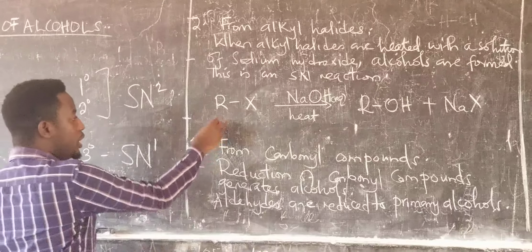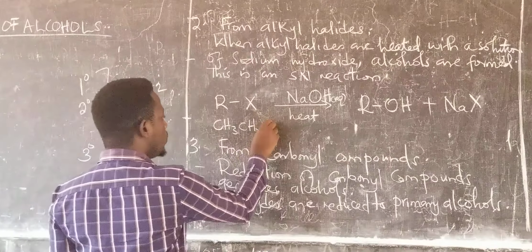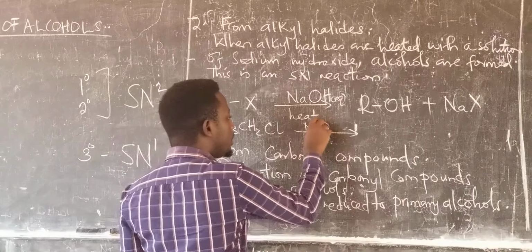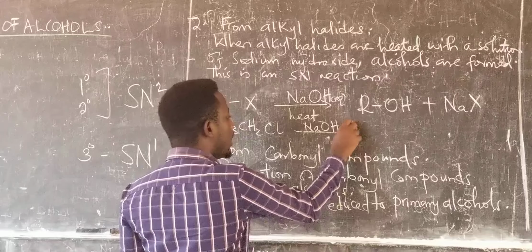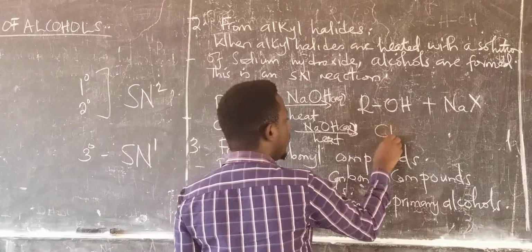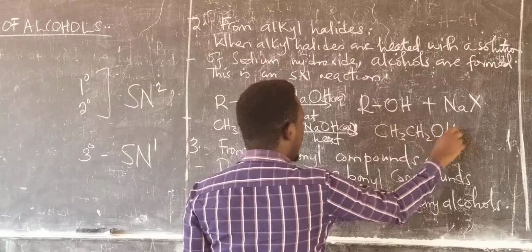So an example here can be probably CH3CH2Cl in presence of aqueous sodium hydroxide and heat. This one will change directly to CH3CH2OH.